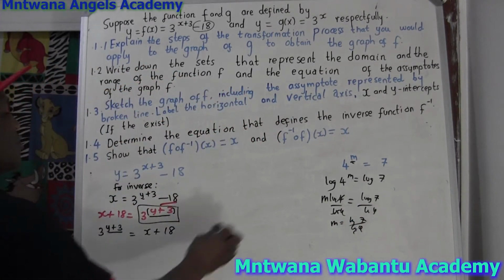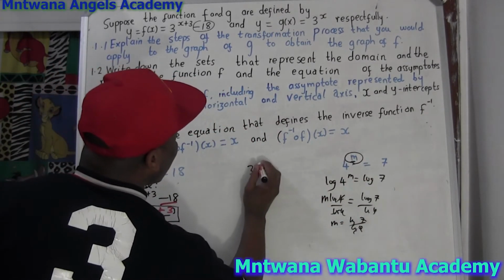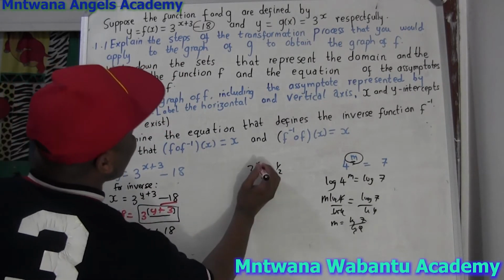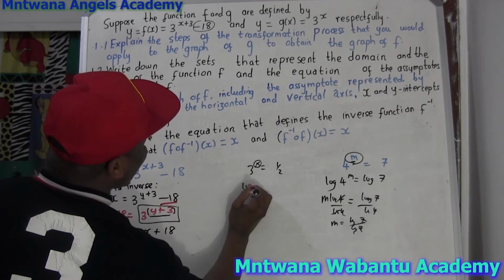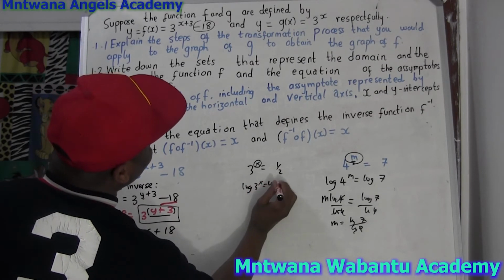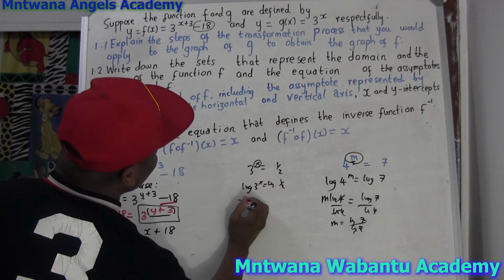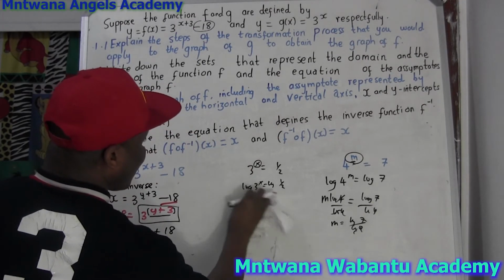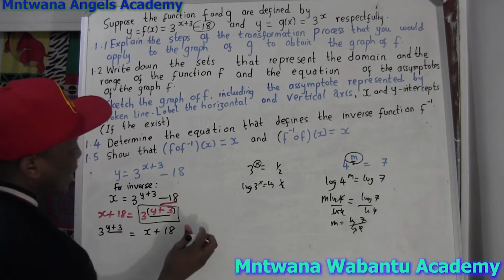Especially when this is unknown, say 3 power x equals a half. How am I going to get the value of x? Because this is unknown, I apply log of 3 power x and log of a half, and then this x is going to go to the front. The best way is to look at this number here.